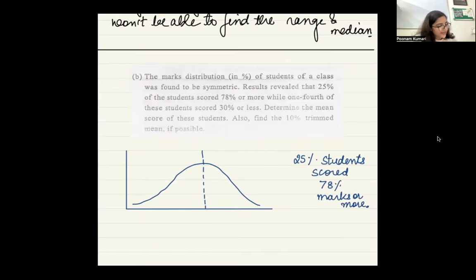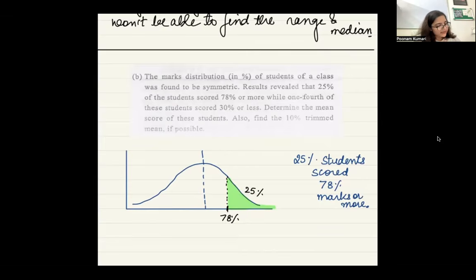That if this number is 78%, then the area of people who have scored 78% or more is 25%. So this area is 25%. Is that okay? Fine. Yes.